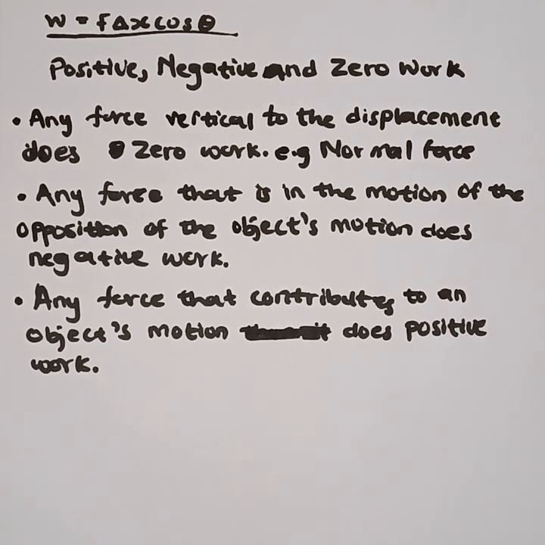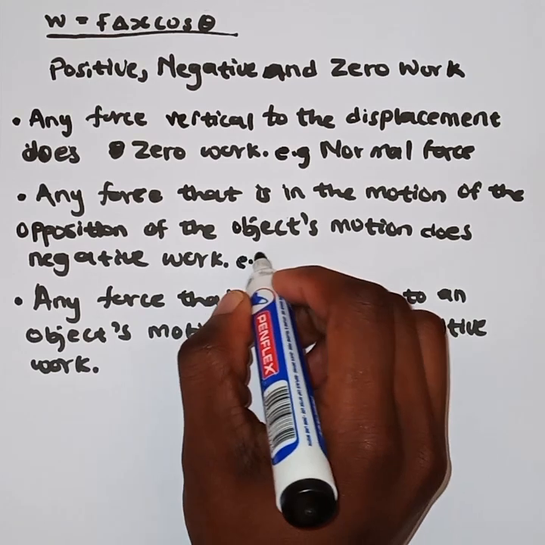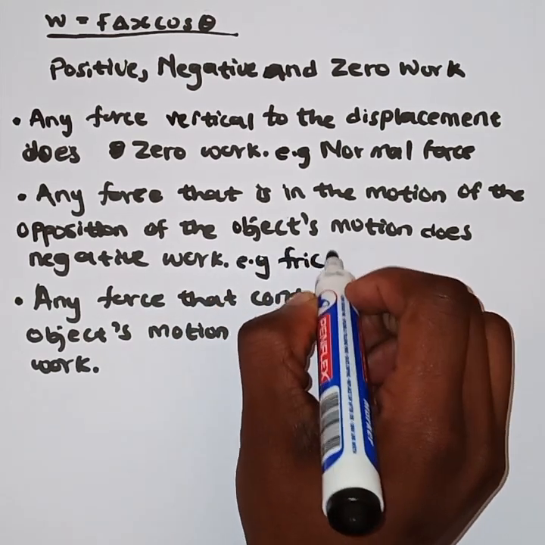Are we together? It always acts opposite to the motion of the object. That's why it does negative work, because it makes the object lose energy while in motion. Friction.